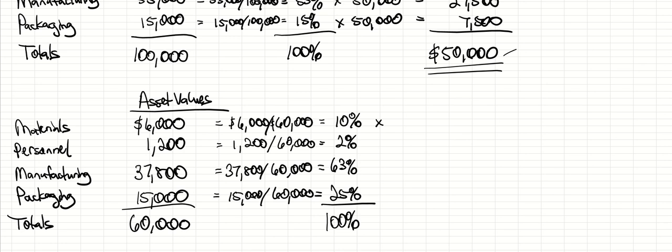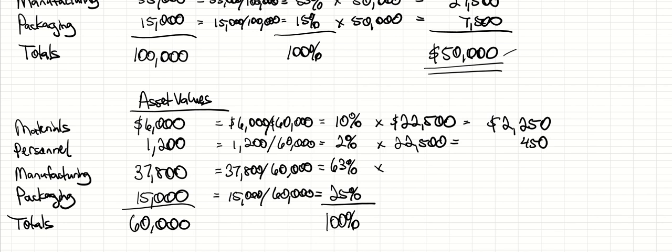So 10% of 22,500 is going to come out to be 2,250. 2% of 22,500 for personnel comes out to be 450. 63% of 22,500 comes out to be 14,175. And then 25% of 22,500 comes out to be 5,625.